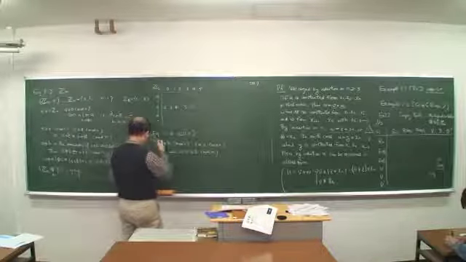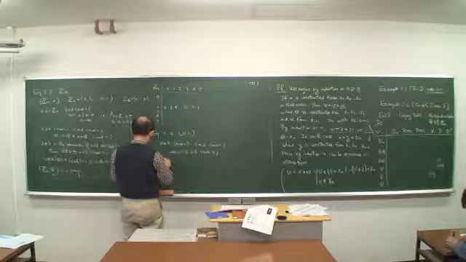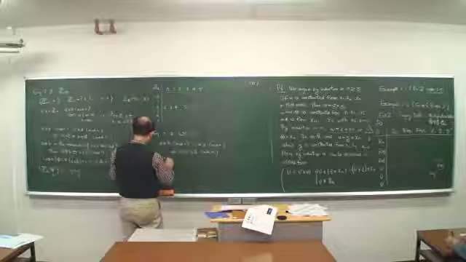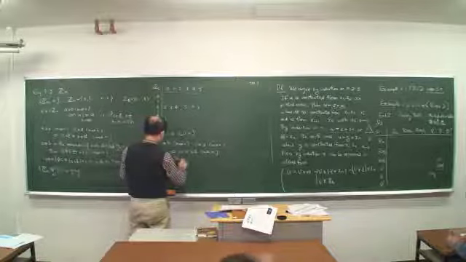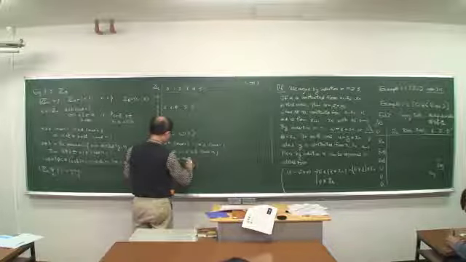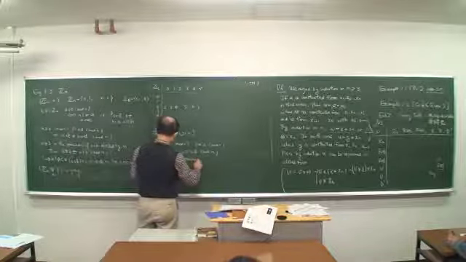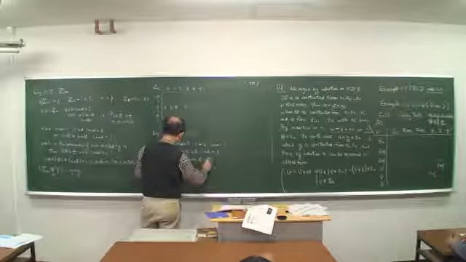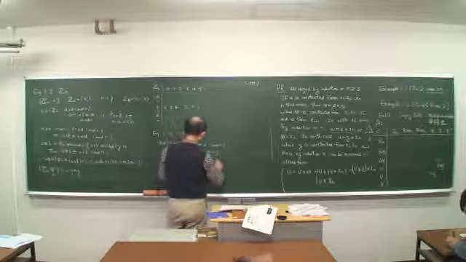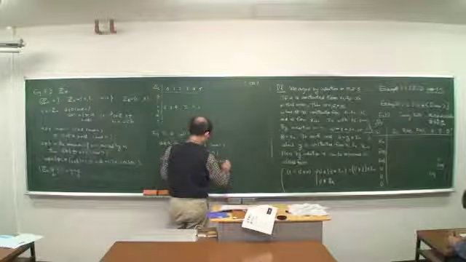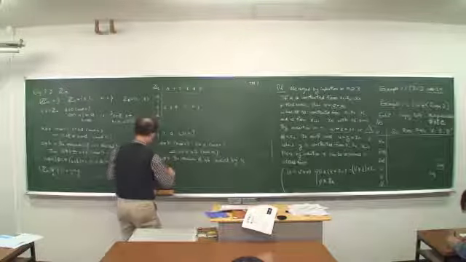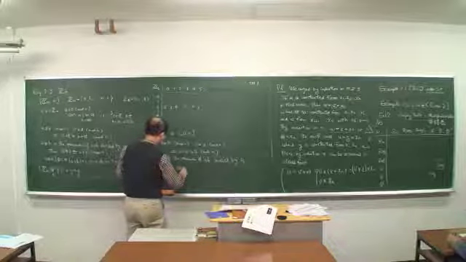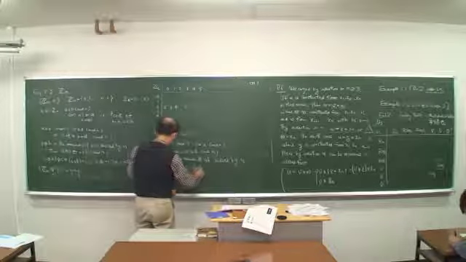From this, a times b is the remainder of ab divided by n. Then a times b equals ab.